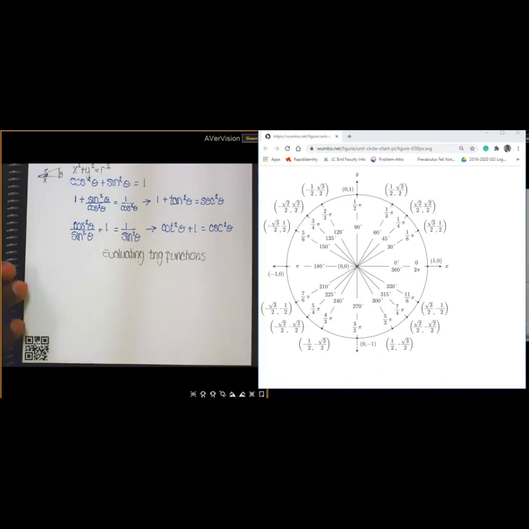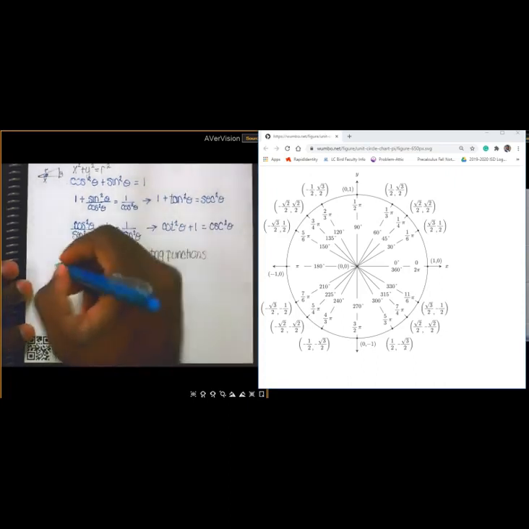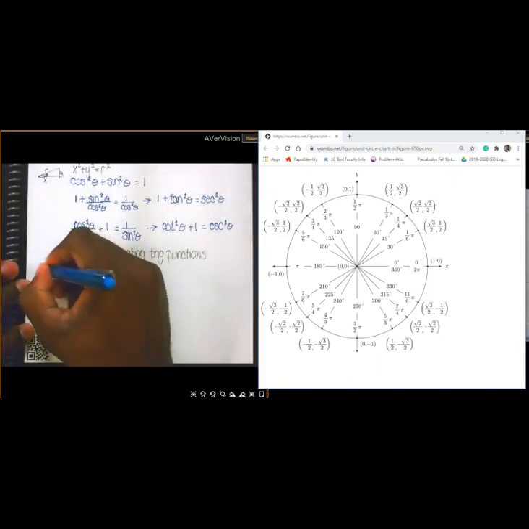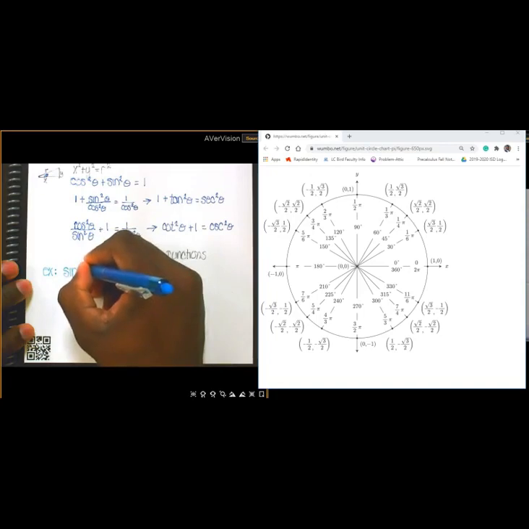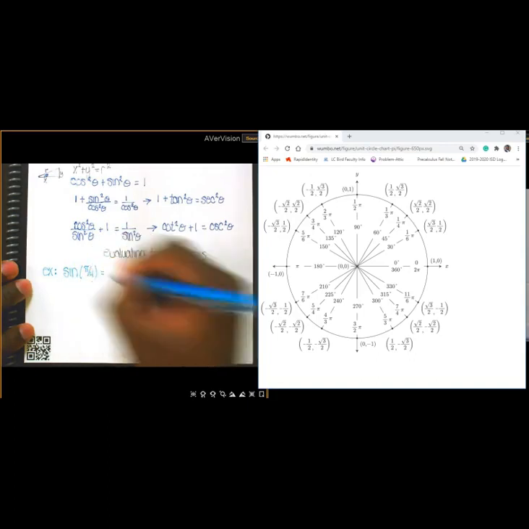Evaluating trig functions. If I ask you to find what sine of pi over 4 is, do you know how to do that?